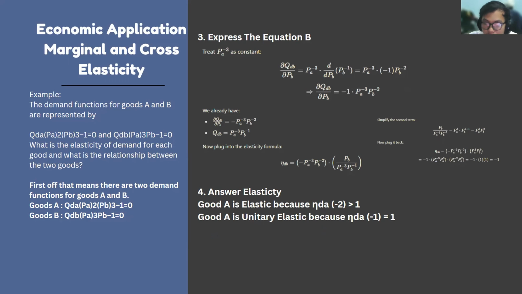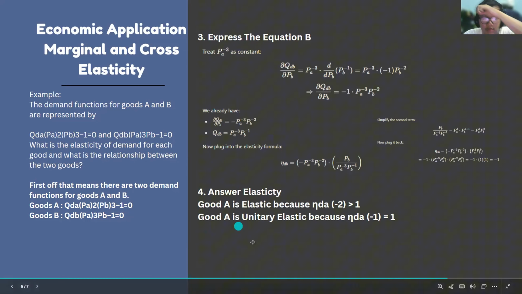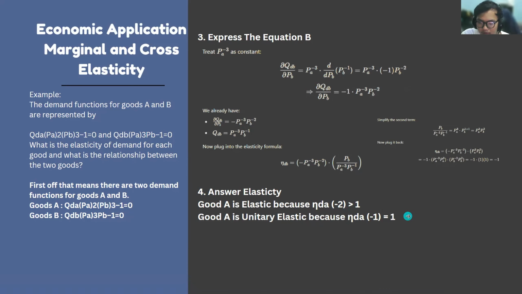If your number is minus 5, it means 5. Okay, so good B is unitary elastic because the elasticity dB is minus 1, equals 1, just like I told you. Minus in elasticity means positive.